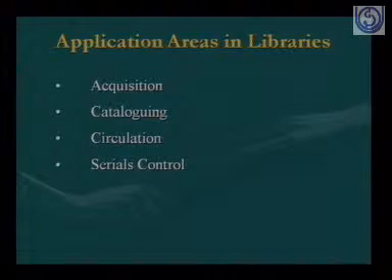The catalog is related to cataloging of documents, and serials also, some back volumes. Circulation is concerned with the issue, charging and discharging of documents, then fine calculation also. Then serials control is related to the periodicals. So these four are the major areas where we can apply computers.